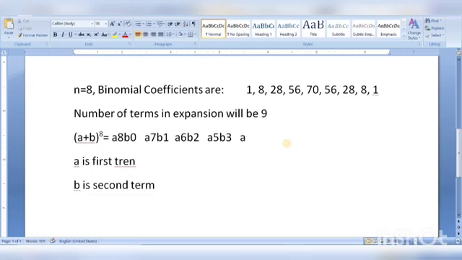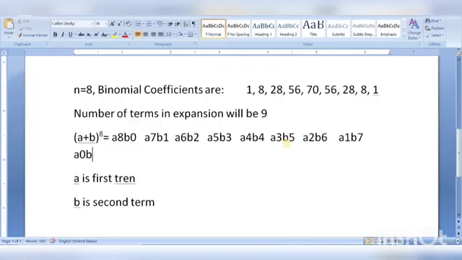The next term will be A raised to 4, B raised to 4, the same power as it is the middle term. Then A cube, B raised to 5. Then A square, B raised to 6. Then A raised to 1, which we don't write, that is only for your convenience, but when we write the term we will not write the power, and B raised to 7.